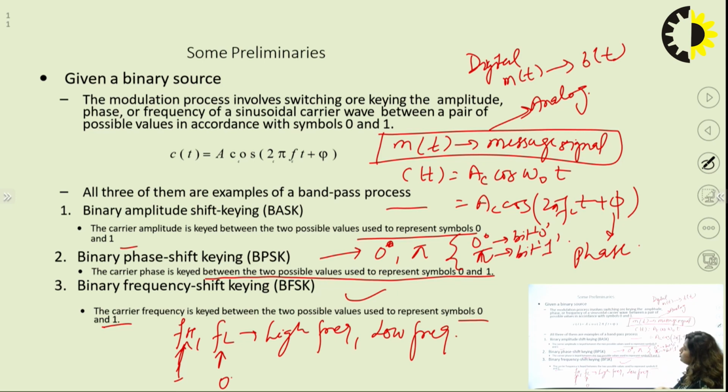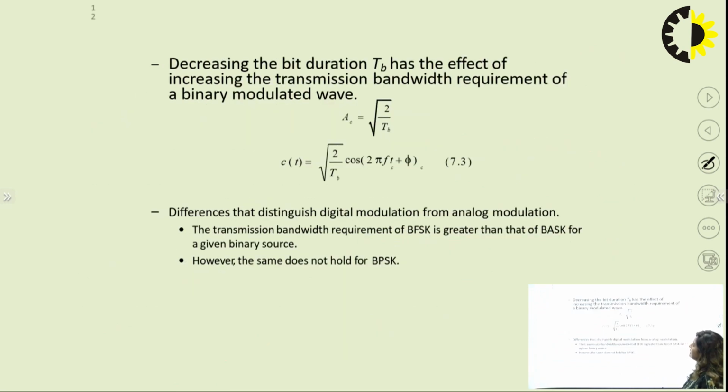We will go through all these techniques one by one, and we will go through the modulation and demodulation process, and then the equations of these techniques. Decreasing the bit duration TB has the effect of increasing the transmission bandwidth. So if you decrease the bit duration TB, the disadvantage is that the required transmission bandwidth is much more.